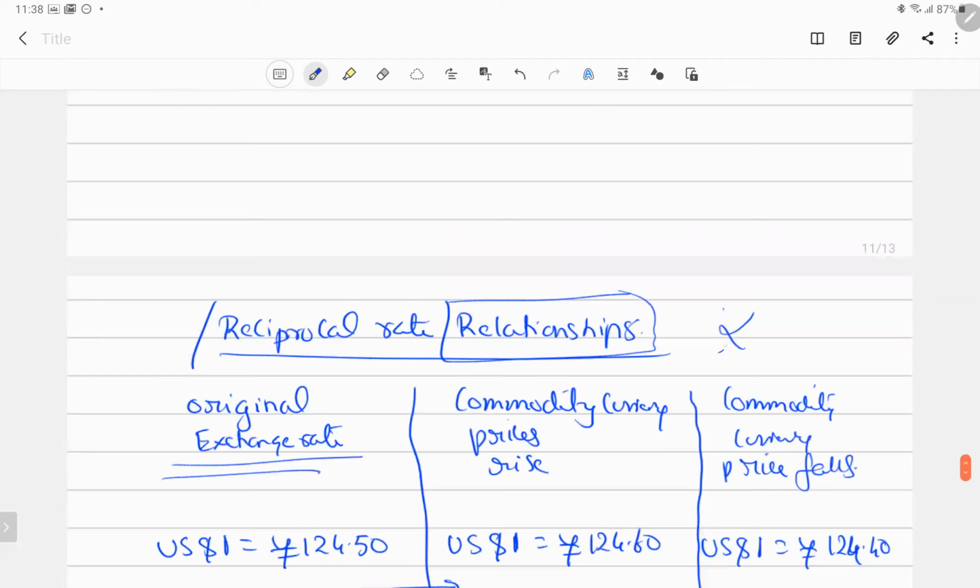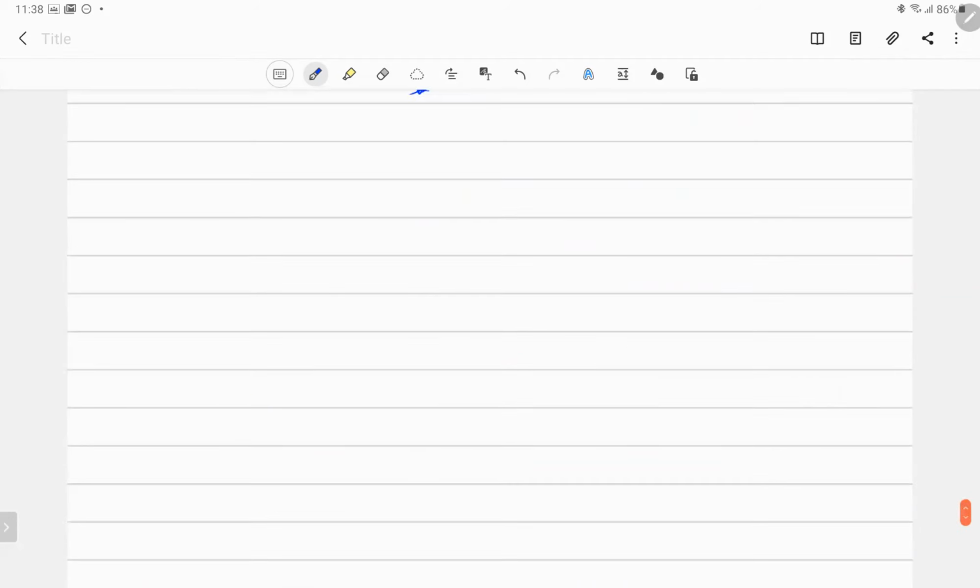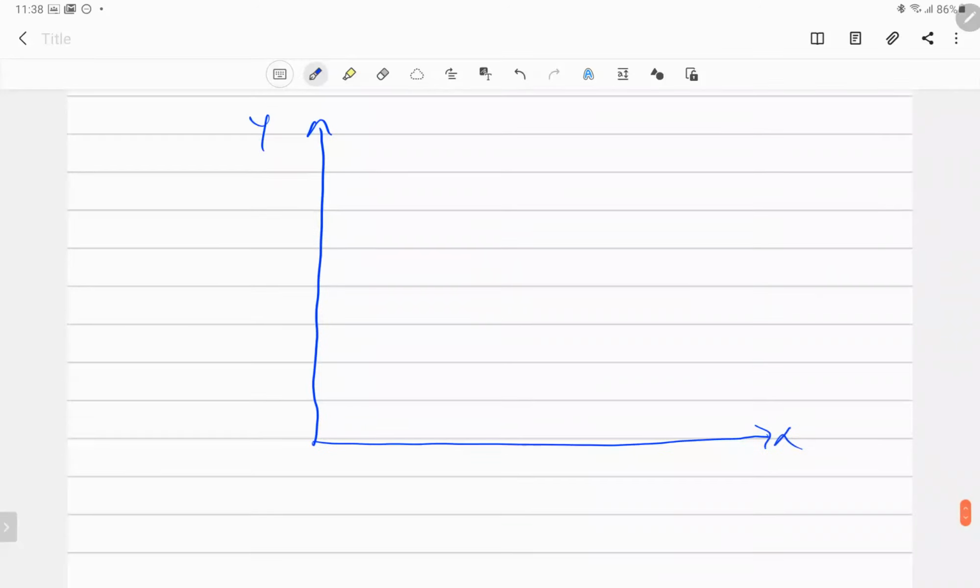So let me put it into pictorial form, as a chart, so that you will have the proper interpretation. Suppose we have this x-axis and this y-axis. So I put here the exchange rate, US dollar into yen.